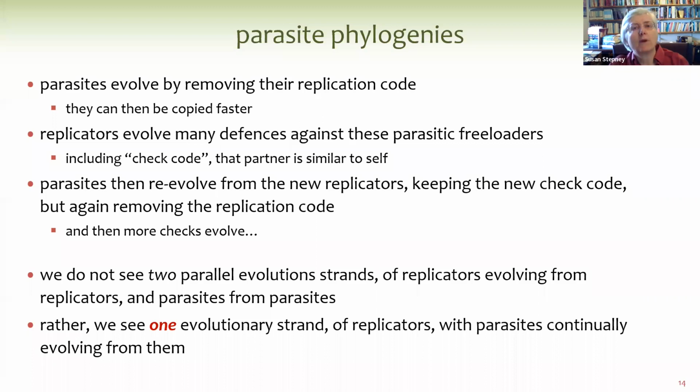So they don't go and look at the entire code. There's just a little bit of checking going on. Is the partner similar enough to myself? And that stops the parasites being able to be copied.